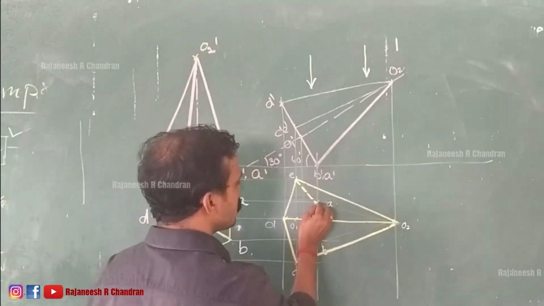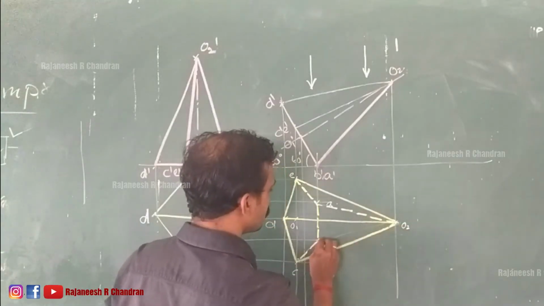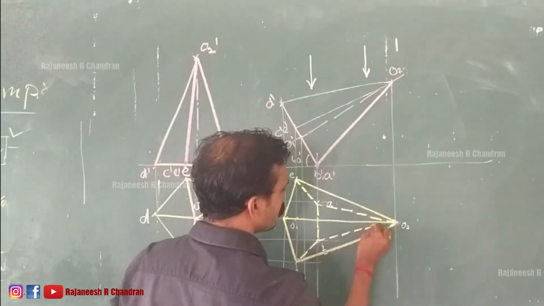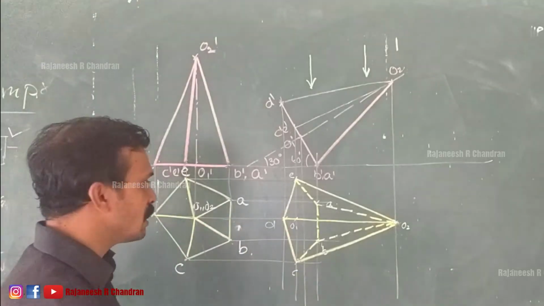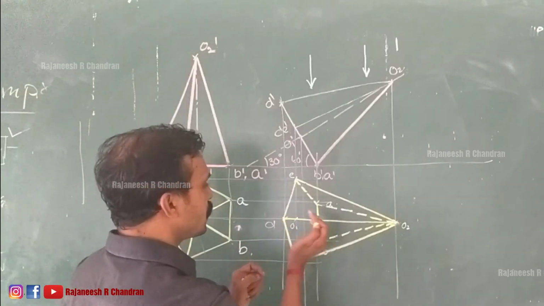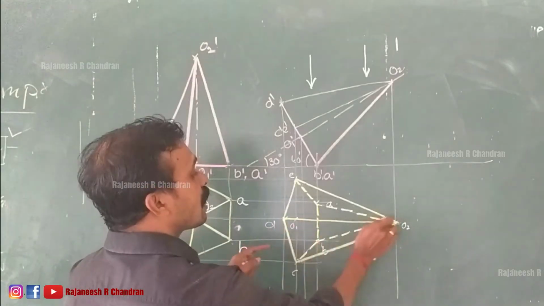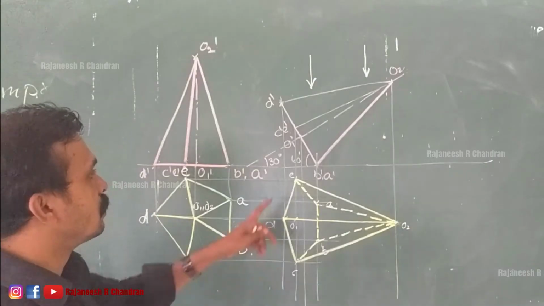That will be invisible. So, the visibility also has been checked. Here we have to mark O1 O2 as an axis, but since it is coming below the thick edge, that should not be marked.